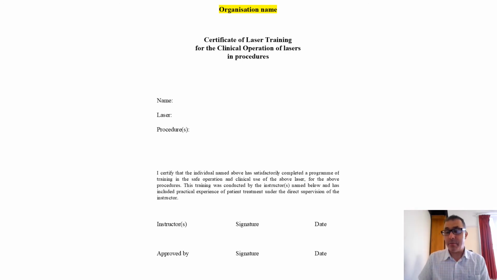Another way we might do training is if we have a core set of individuals who have the training from the supplier. In the first instance, there may then be a cascade training system in the department where those individuals train up other members of staff. So you may have a lead surgeon, for example, who then trains up other surgeons in the safe use of the laser. And they could use a certification system like this to sign off their colleagues when they're safe to use the laser.